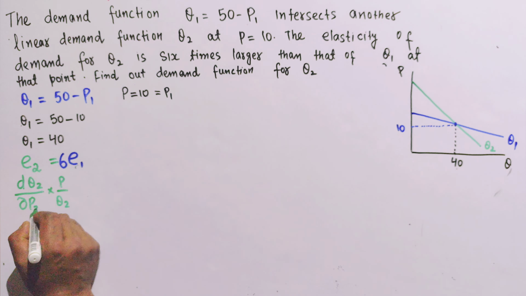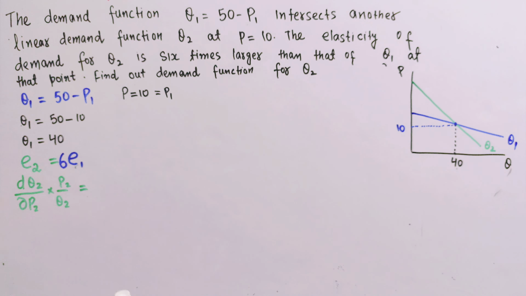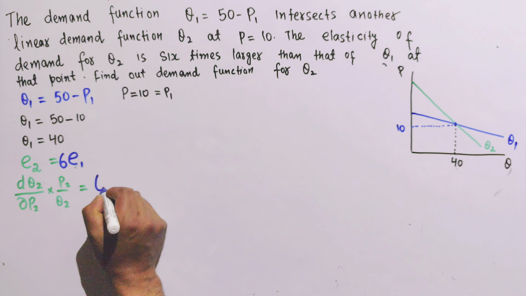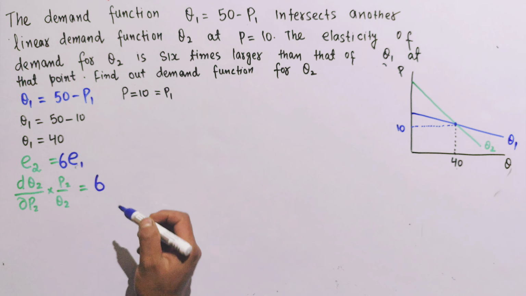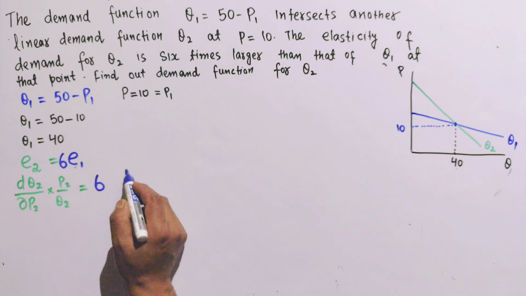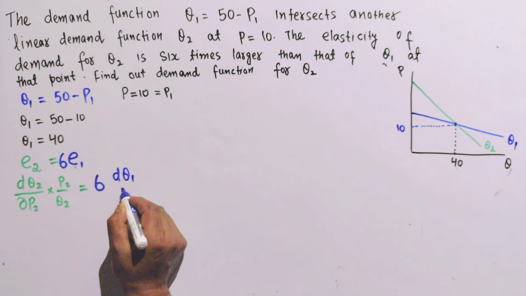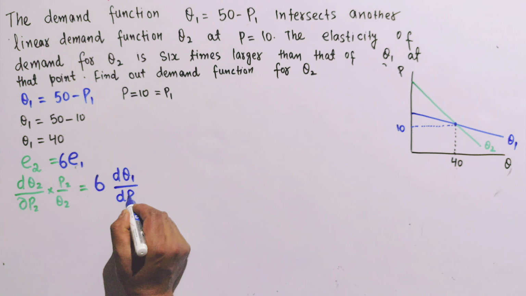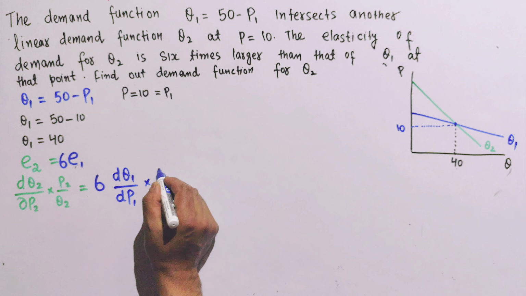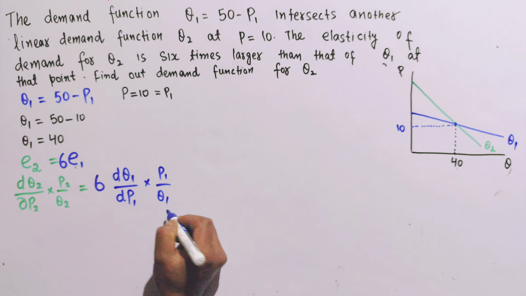Here P2 and here also P2, and it is equal to 6 times the elasticity of demand for Q1. E1 will be equal to the change in the quantity demanded of good Q1 due to the change in the price of good 1 times P1 upon Q1.